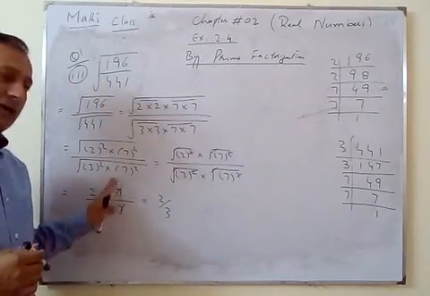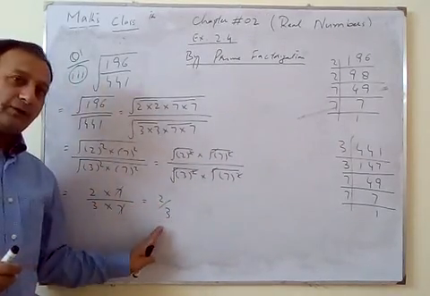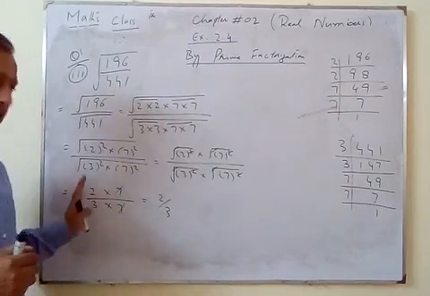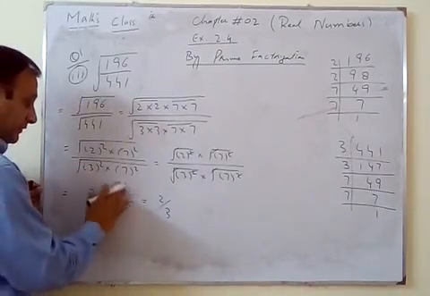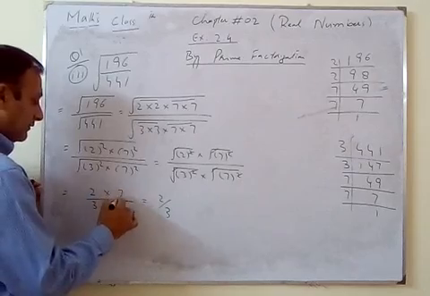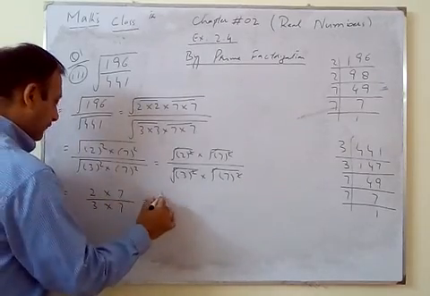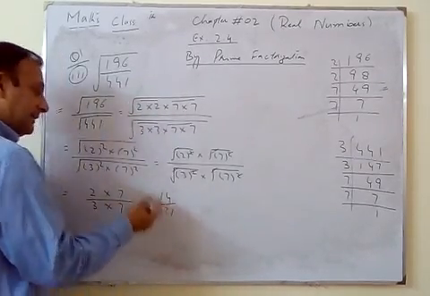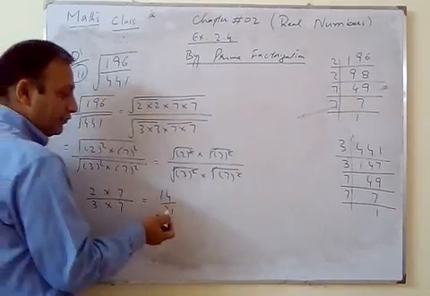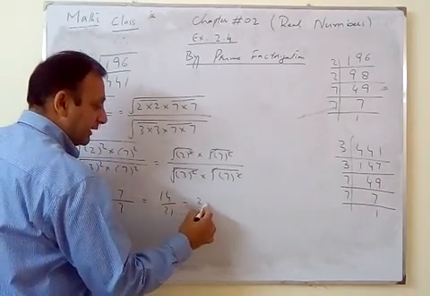You can cancel these 7 and 7 here, or even if you don't, it is fine. Both the methods are correct if we don't cancel these values. So that is 14 divided by 21. This is also an answer. Or if you want to cancel, even then you can cancel.